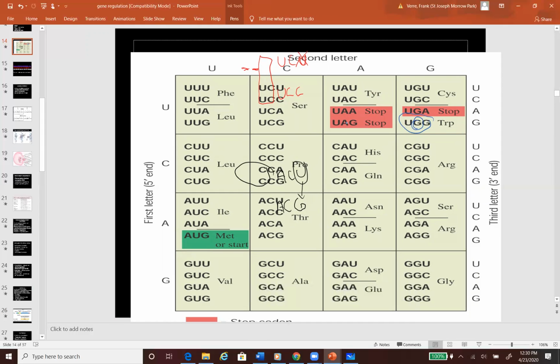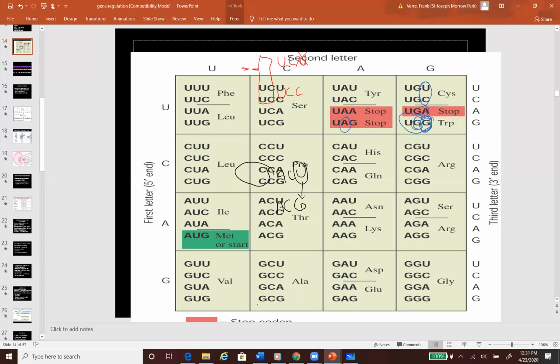So if I change that letter to an A, you can see that it actually produces what's called a stop codon. Interestingly enough here, if I do change that third letter here, it can also lead to a stop codon or another amino acid. So this is actually one of those few examples where if you change the third letter, you actually produce a new amino acid.